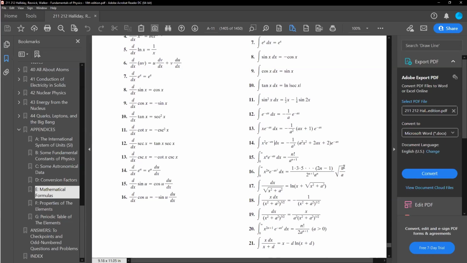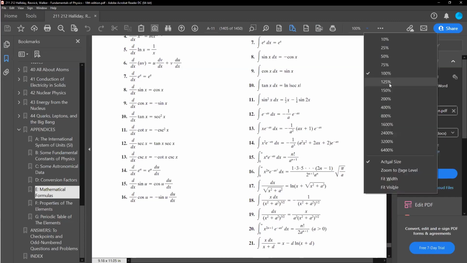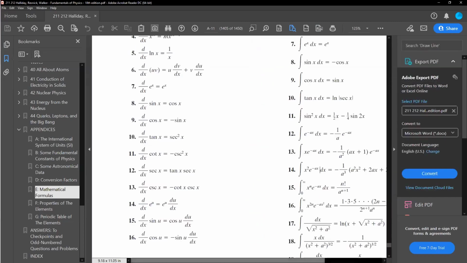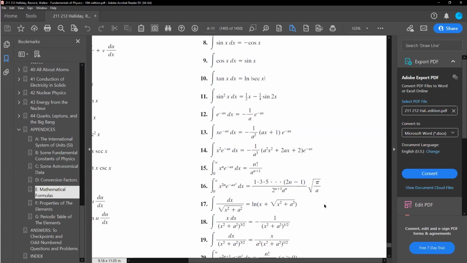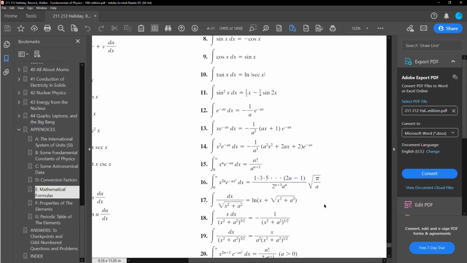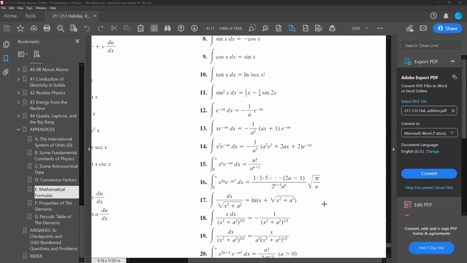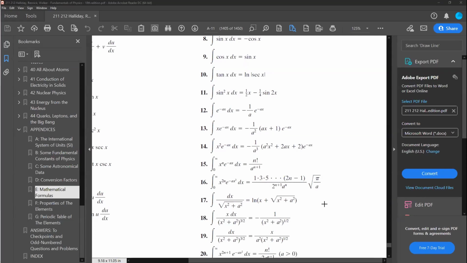It looks like number 17 is in the form that we're dealing with right now. So I'm going to take a little snapshot of integral 17. This is integral 17. I'll bring it into the notebook here.